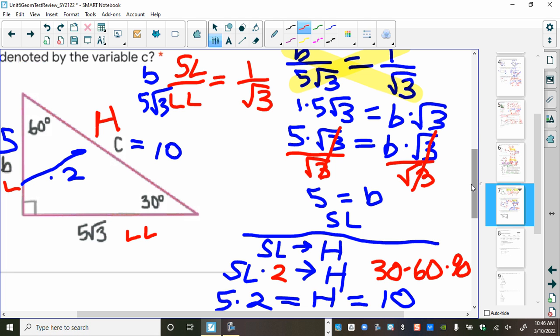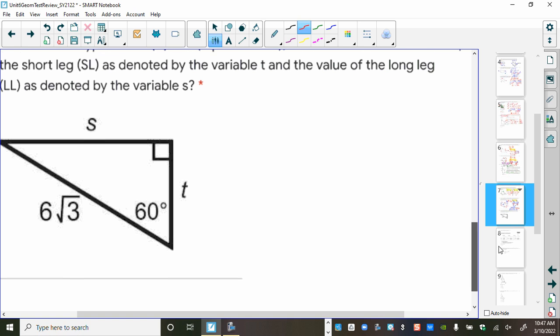So the last one, before we get down there, I want you all to indicate what's what on that triangle. What's the short leg? What's the long leg? What's the hypotenuse? I want you all to do that on the last triangle. Okay. Ready? All right.